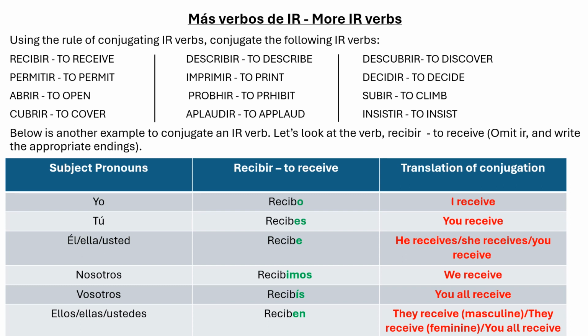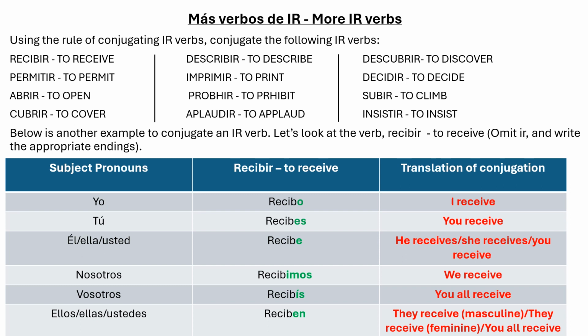Nosotros recibimos, we receive. Now, how do I do this? I do RECIB. As soon as I see the IR, I omit it and I write IMOS, right? Why do I do that? I do that because for the IR ending verbs for nosotros, the ending is IMOS. Nosotros recibimos would mean we receive.